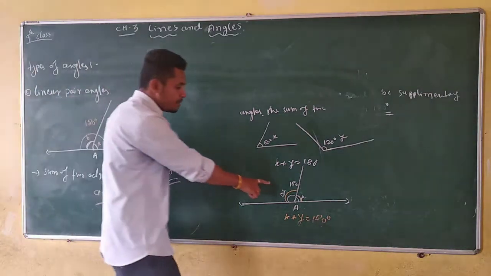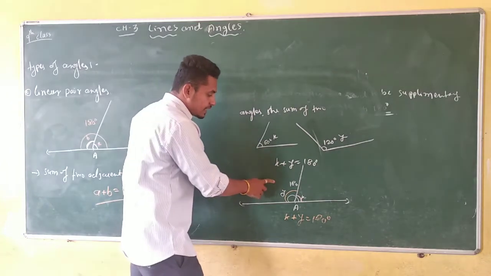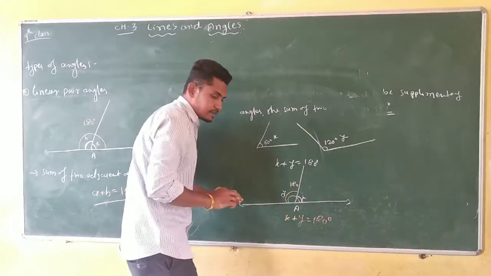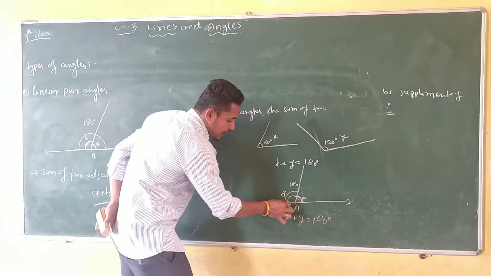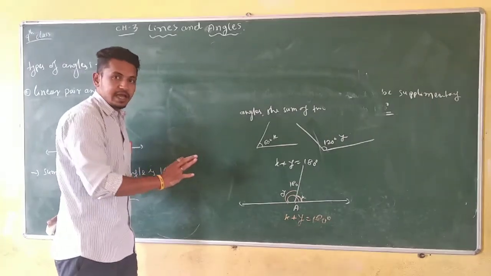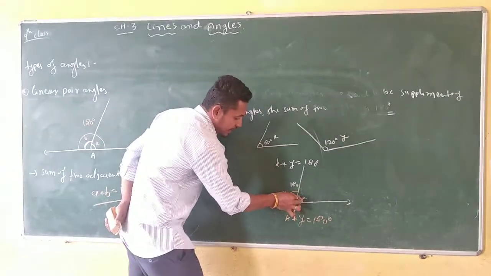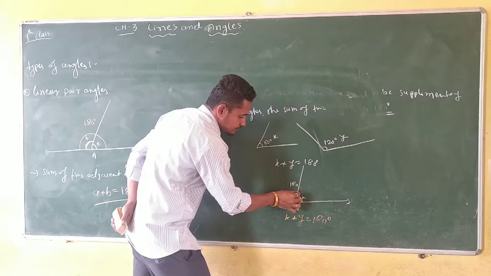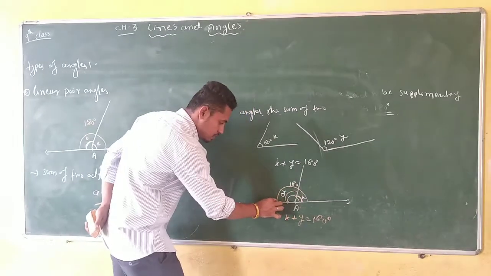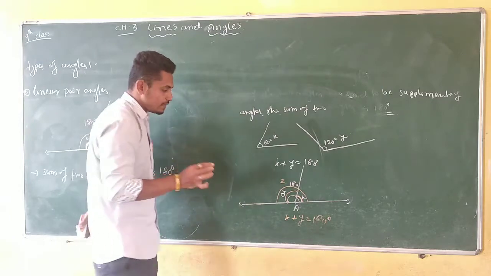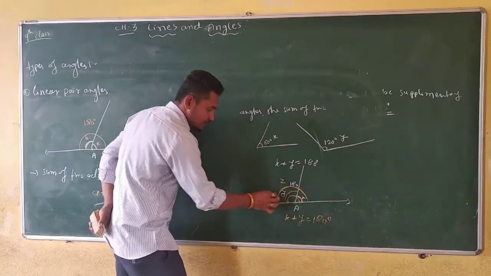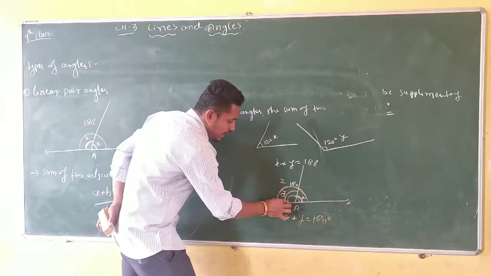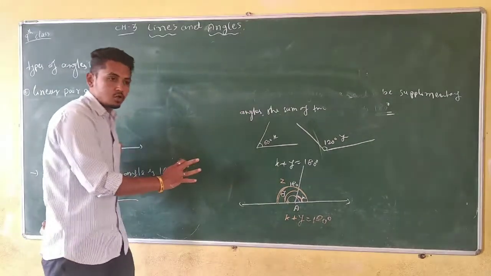But in the case of supplementary angles, the angle X and angle Y are also called supplementary angles, and the angle X and the angle Z are also supplementary, and the angle Y and angle Z are also supplementary.